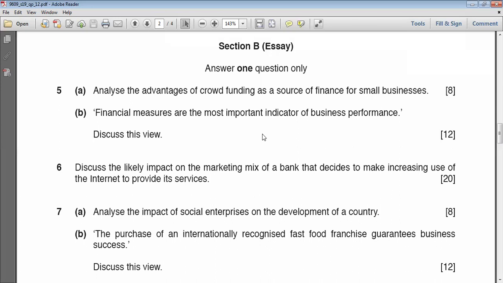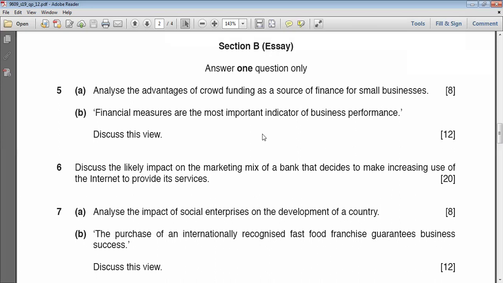And in the last part, you will evaluate and give your judgment whether it is the most important or not. You'll make a judgment. And judgment is not just a one-sentence decision.